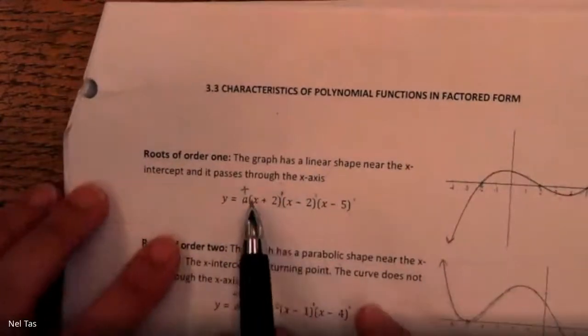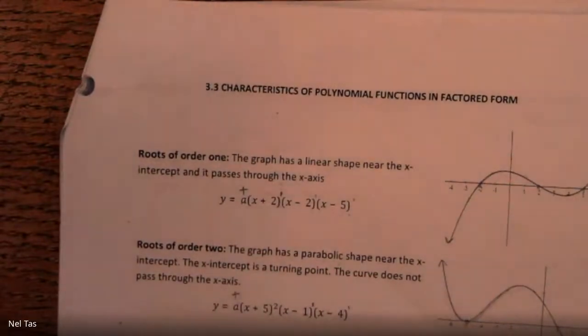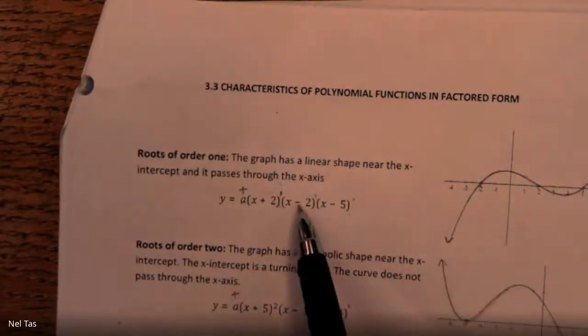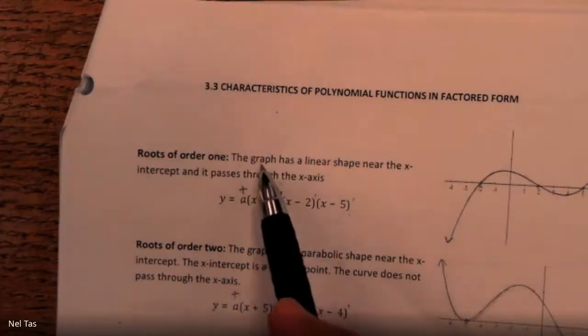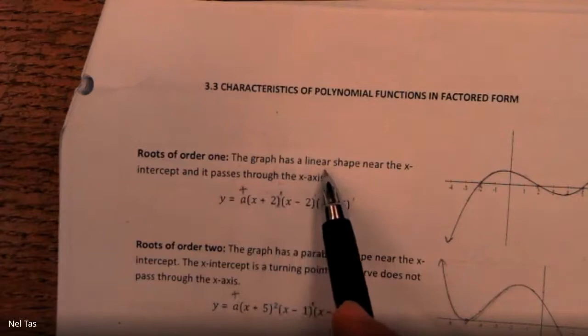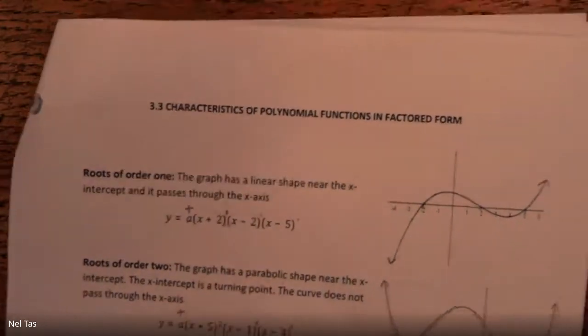Okay, let's go back to order 1. If the factor has order 1, you will have an x-intercept, let's say here x equals -2. Then the graph has a linear shape near that x-intercept, and it passes through the x-axis.